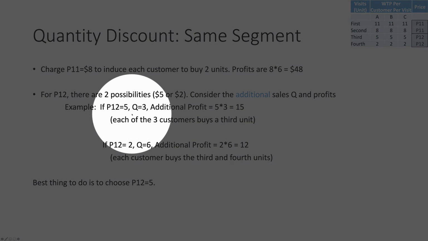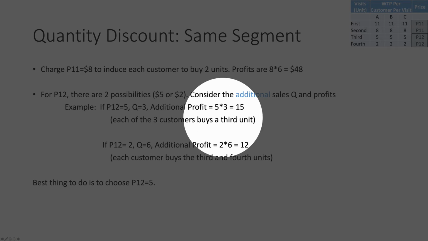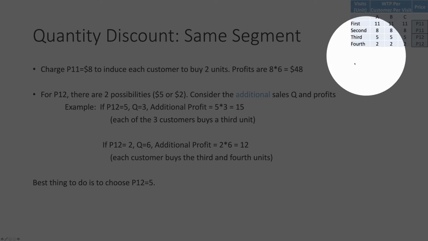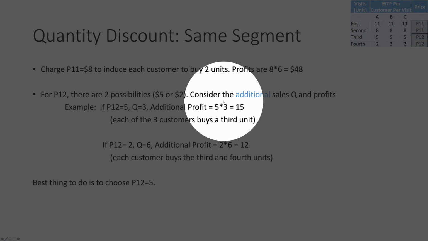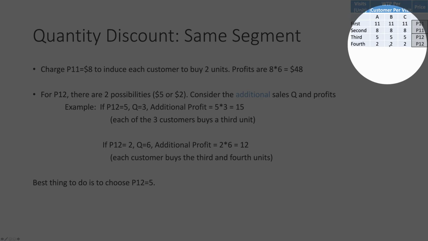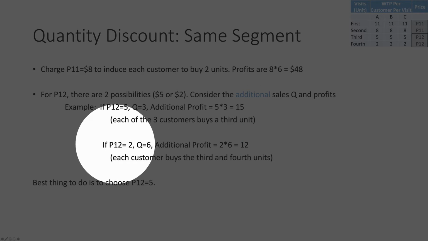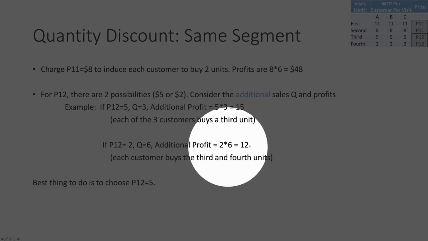And if we consider the additional units sold at P12 equals $5, we're selling 3 additional tickets here. So 5 times 3 equals 15, because these 3 will not buy at $5, so they drop out of the market. If we drop the price to $2, then the quantity becomes 6.